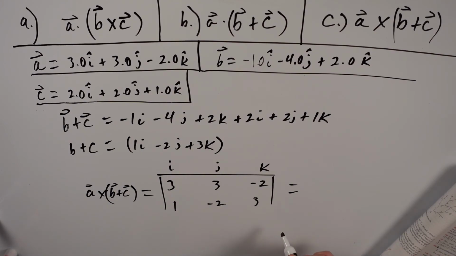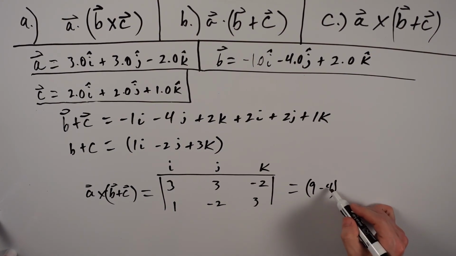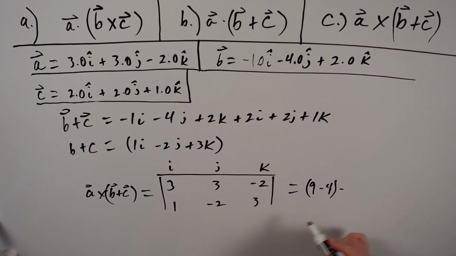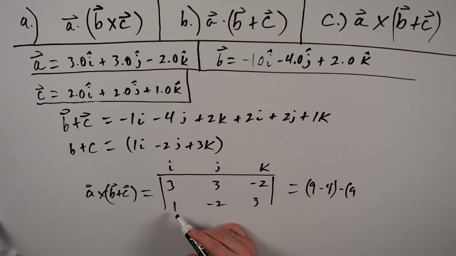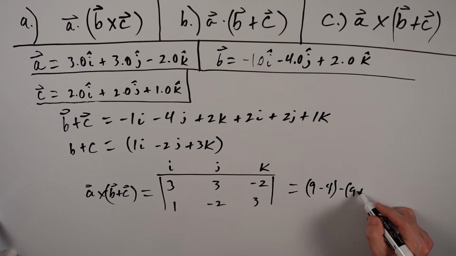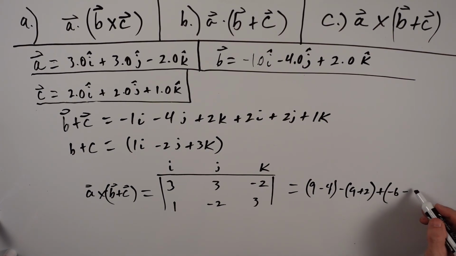And then we do the same thing we did earlier. Okay, so you get 9. And then we get 4, so you get minus 4. And then we get minus 9. Minus a negative 2, so we get plus 2. And then you get plus negative 6 minus 3.